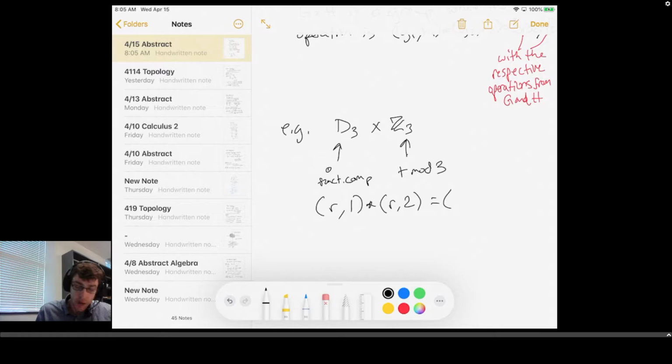You get the composition over here, so you'd get R squared, and then 1 plus 2, which is 0 mod 3. So this would be (R squared, 0), for example. Just remember to do the right operation in each coordinate, so just think about the operation with the single group you're dealing with at that time.